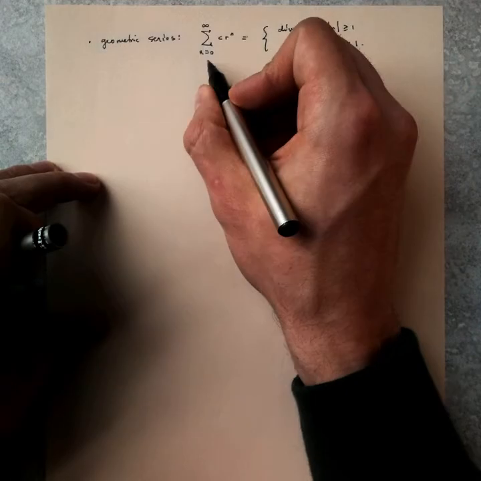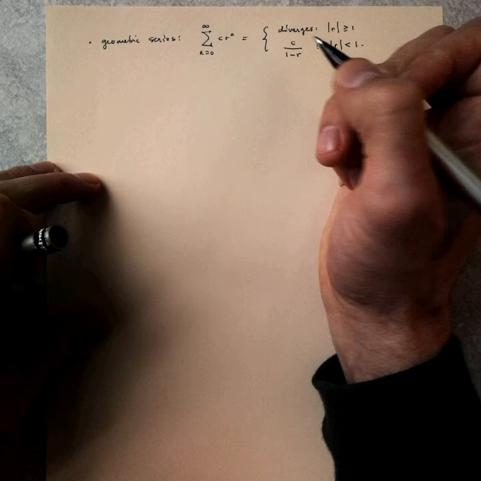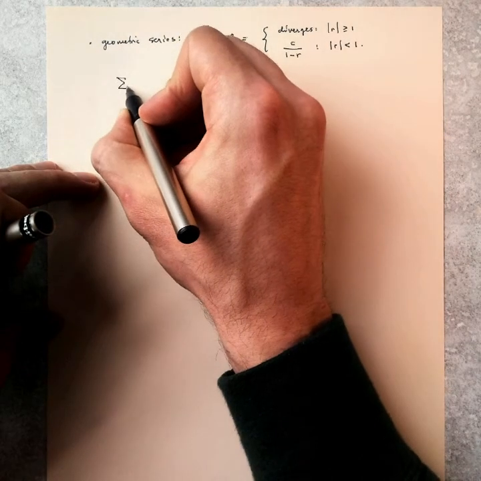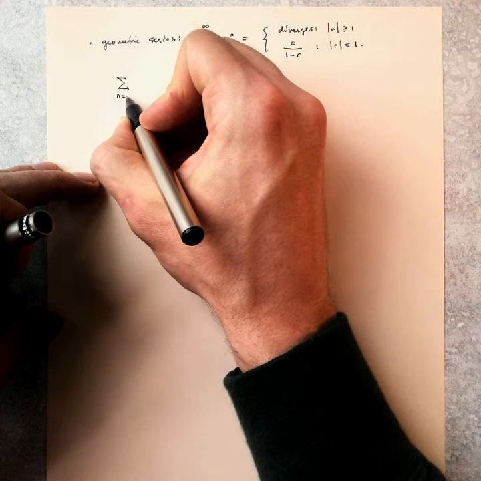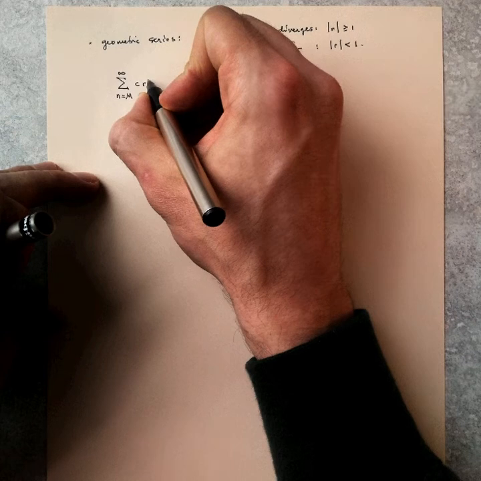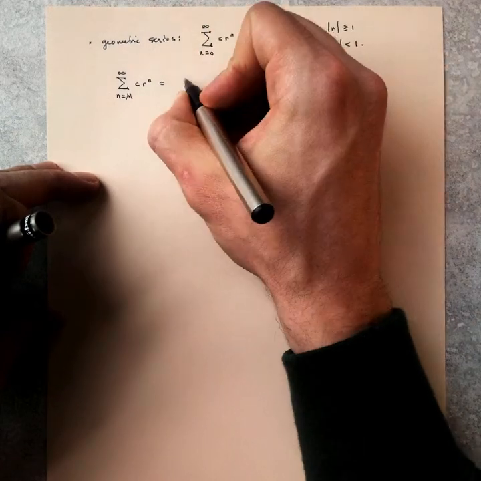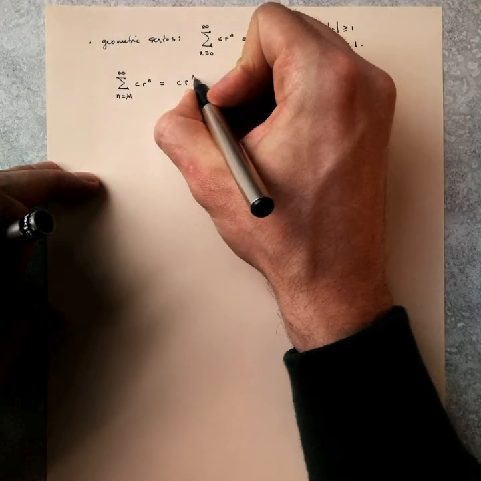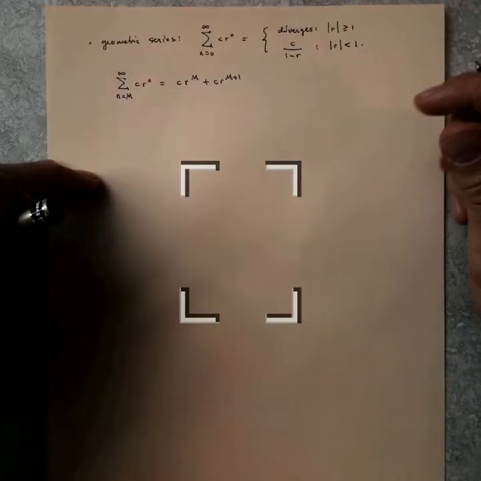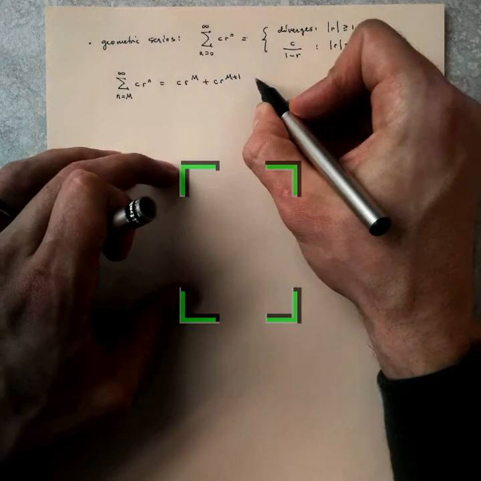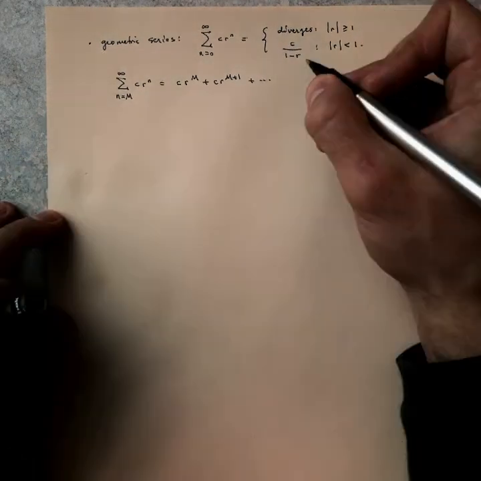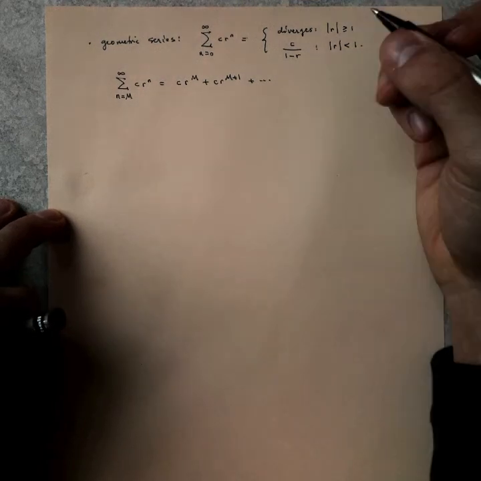Okay, there's a similar formula if I start my sum here. So what about if I start at m to infinity of c r to the n? Well, this is, by definition, c r to the m plus c r to the m plus 1, and so on.